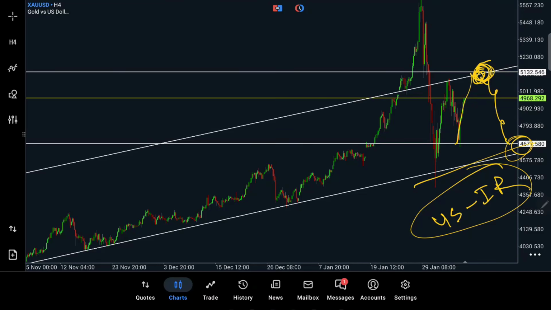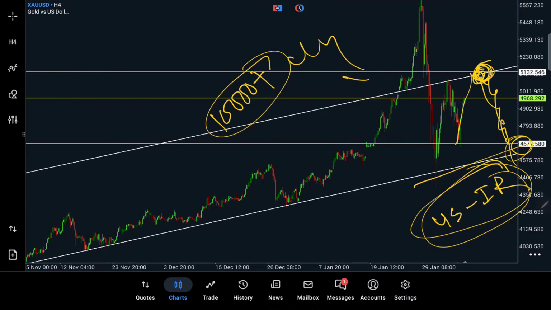If an agreement happens between the US and Iran, then we can consider a sell entry, and in that case my assumption is the market is going to move around 10,000 plus pips bearish. But there is some conflict, and the US really wants to destroy major defense systems of Iran.